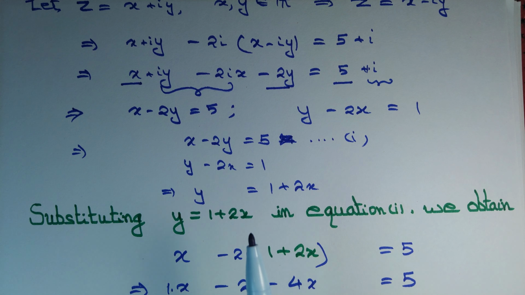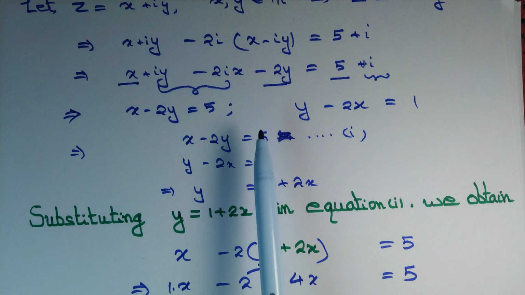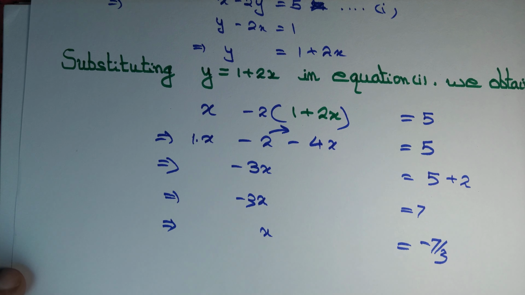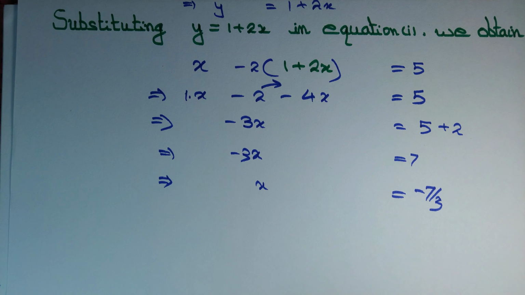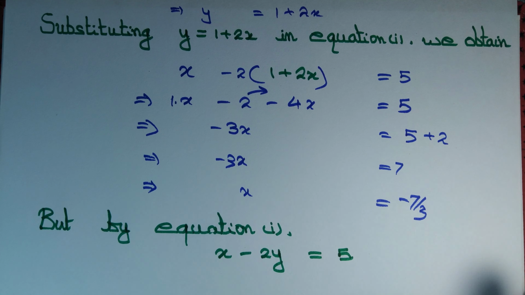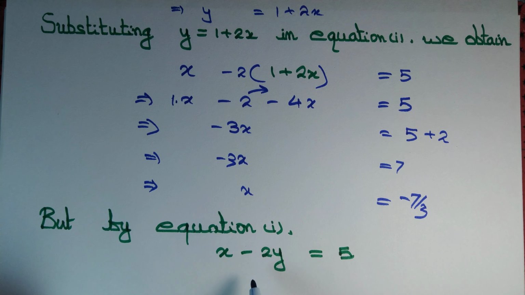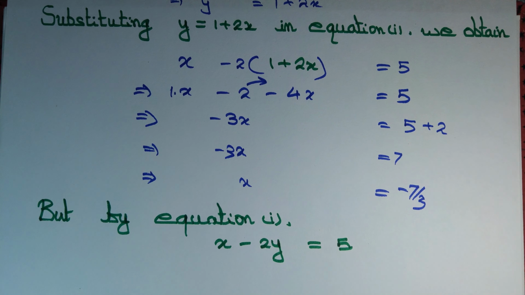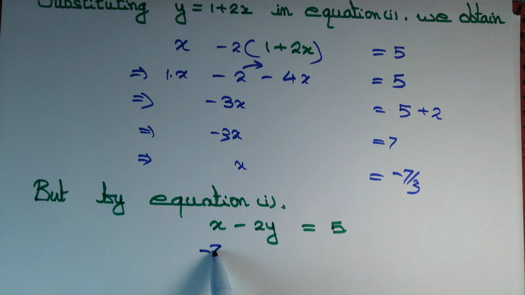By equation 1, x minus 2y equal to 5. So we got x equal to minus 7 by 3, and we replace x by minus 7 by 3.